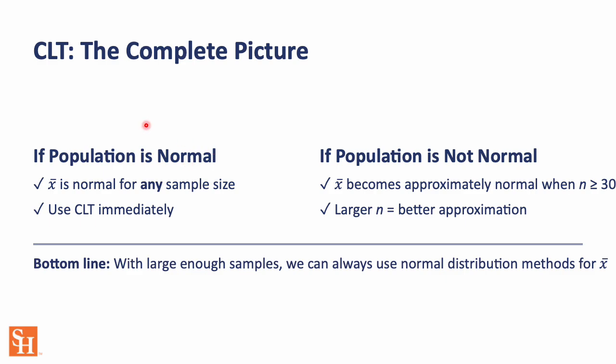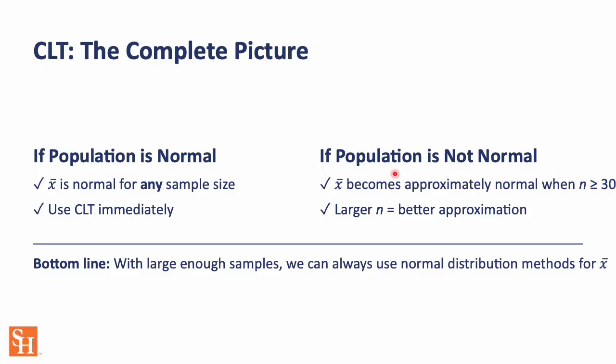Now this is important to remember. If the population distribution is normal, then we can apply the central limit theorem for any sample. The sample size doesn't need to be at least 30. Even for a smaller sample size, we can use the central limit theorem. But when the population distribution is not normal, to apply the central limit theorem our sample size has to be at least 30.